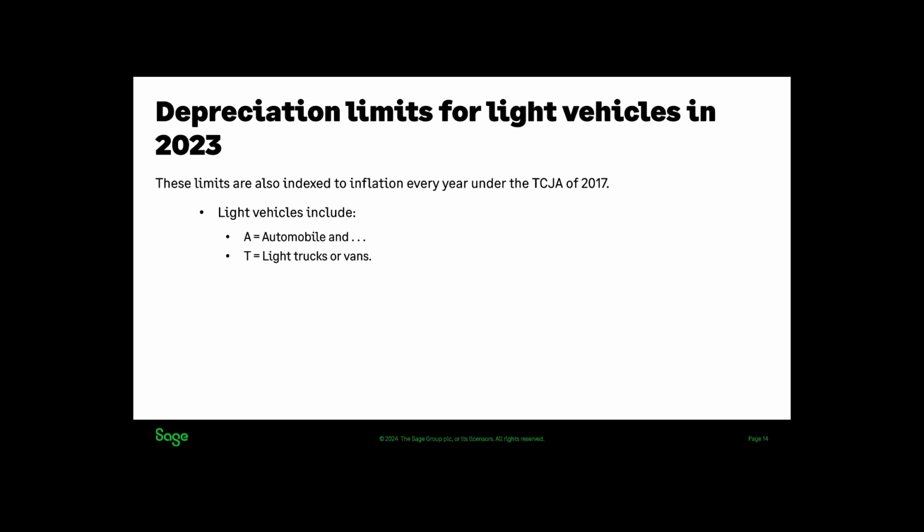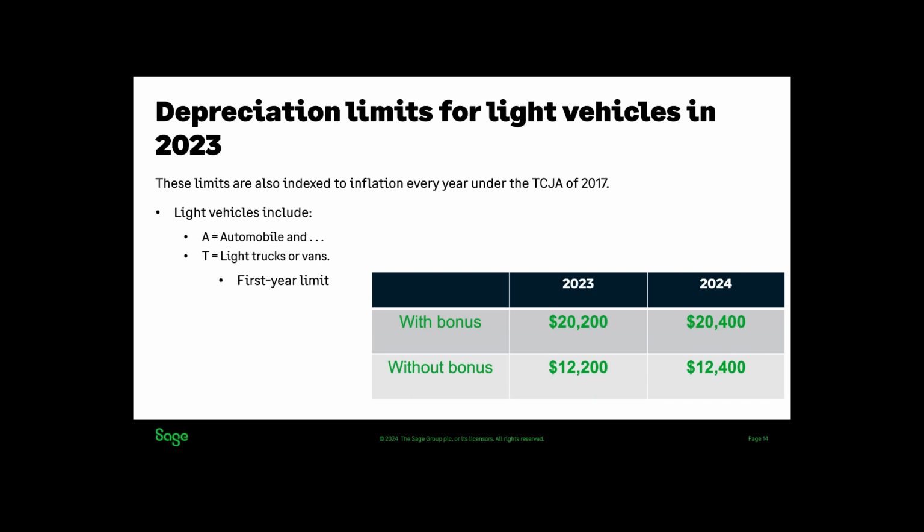But in 2018, those depreciation limits merged into one table. And so now it's the same. It doesn't matter whether it's an automobile or a light truck or van. And that's why I think of them as light vehicles. So if you have a vehicle that has a gross vehicle weight rating of 6,000 pounds or less, then it's subject to these depreciation limits.